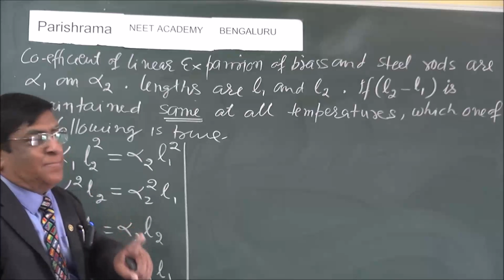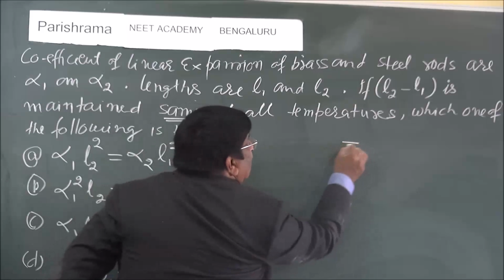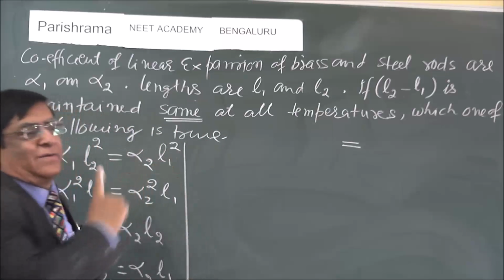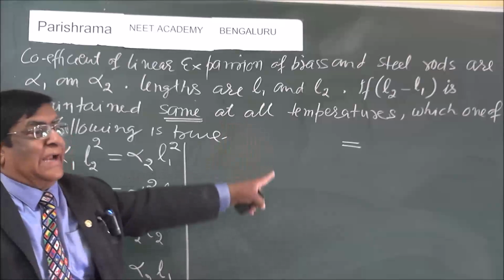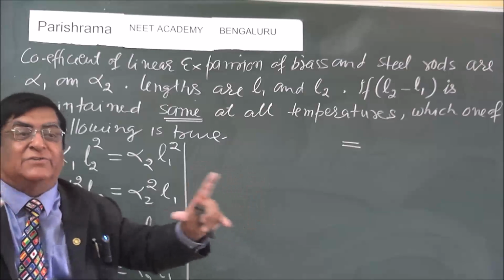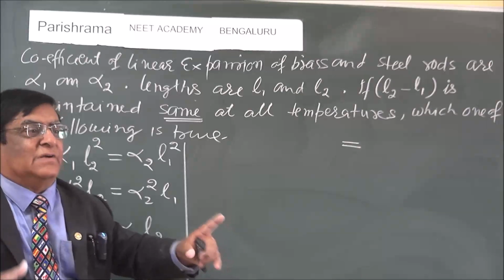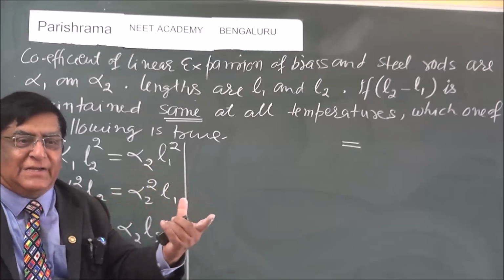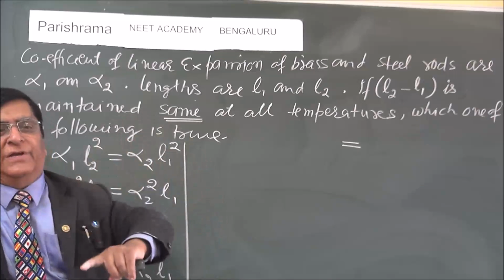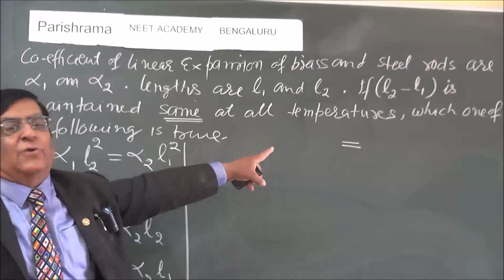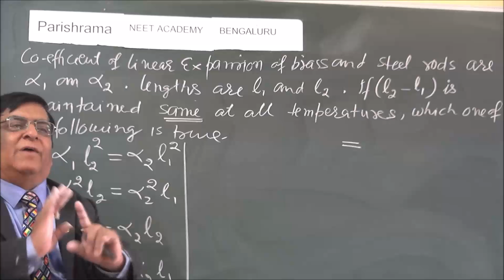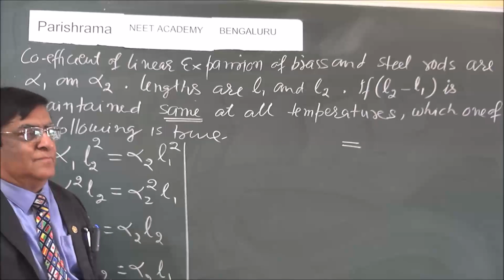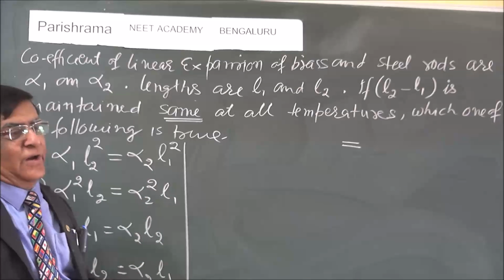Wherever there is same, write equal. Now what are the two things which are same? Difference of length after heating and difference of length before heating, and that is equal. That is the equation. Once you have thought it, you have done half the job. And that is your physics knowledge.